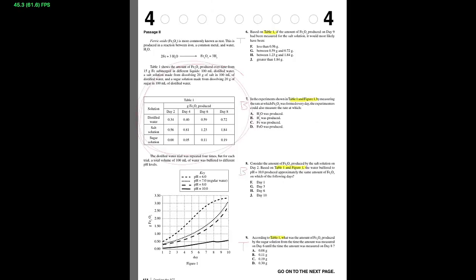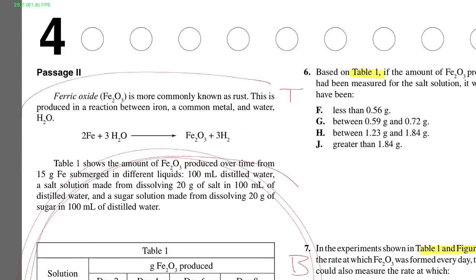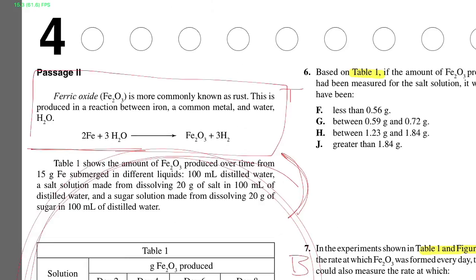When the introduction is brief, like here, we have an introduction, and then a discussion of table 1. The introduction is so short that I would read over the whole thing.